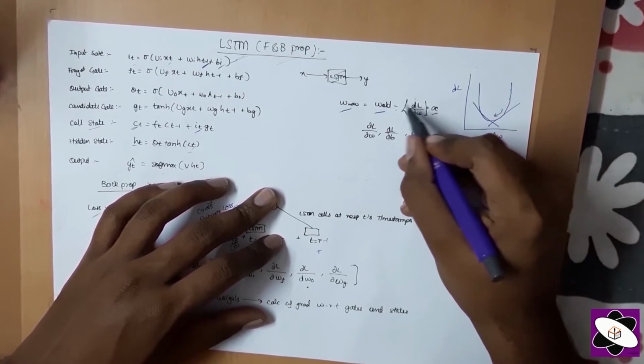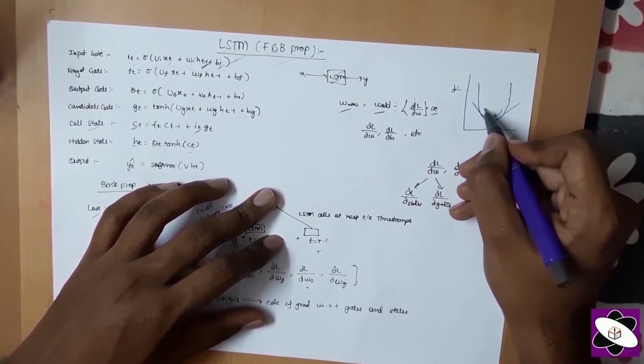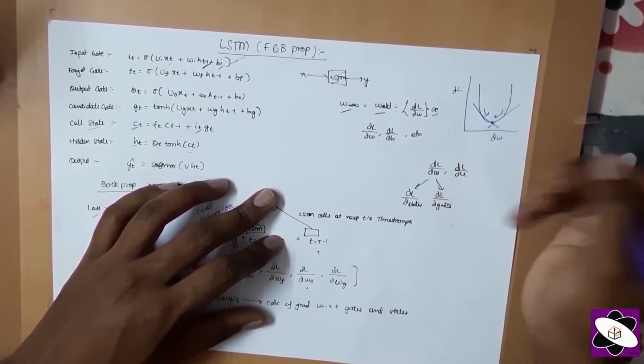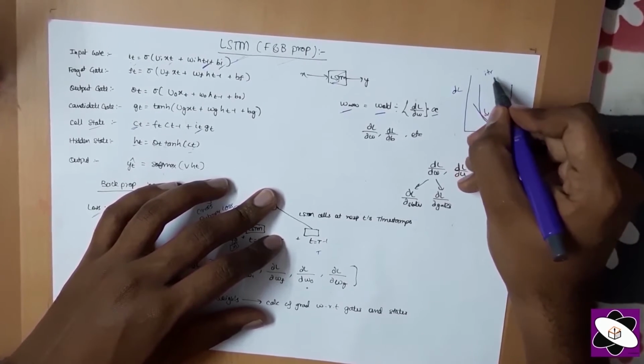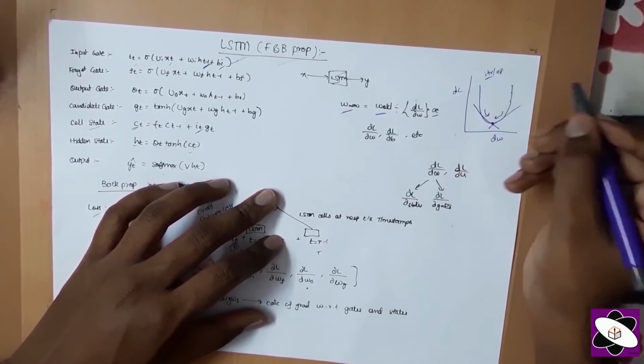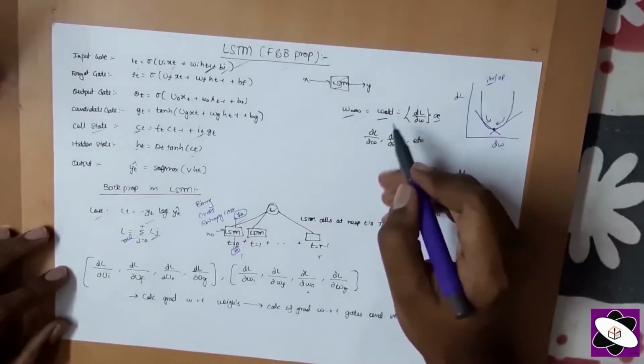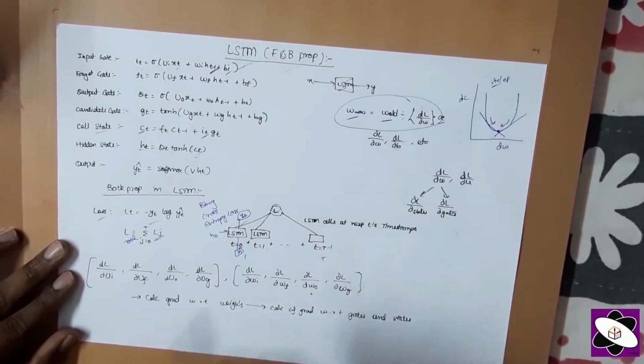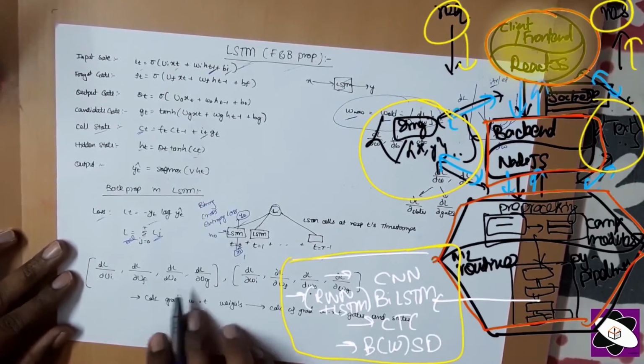And if you have a negative slope, negative times negative will be positive, so we need to add something to come to the global minimum, and we need to do this over some iterations or epochs. So these are the basic equations of gradient descent.